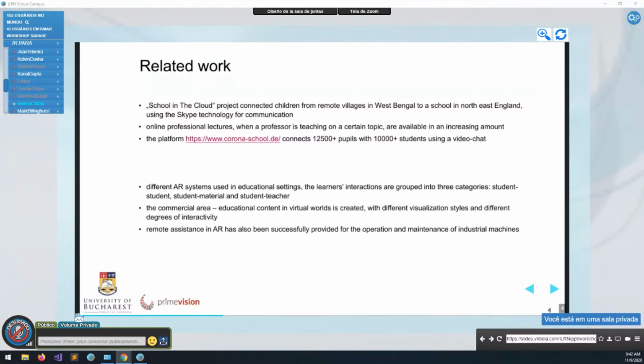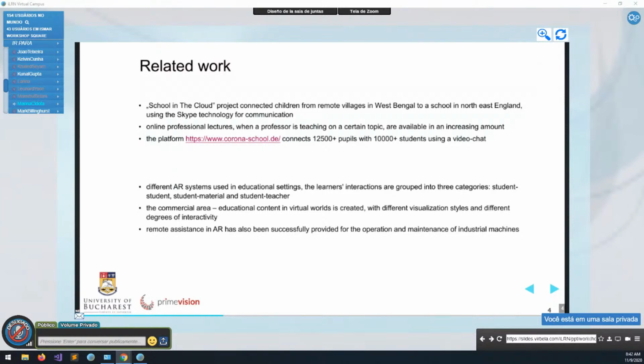When it comes to using augmented reality in education, there is a lot of research at the academic level with different projects that study the different types of interaction between student and student, student and material, and student and teacher.